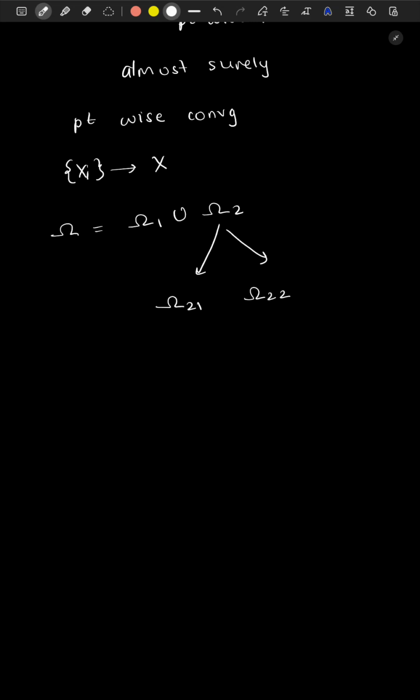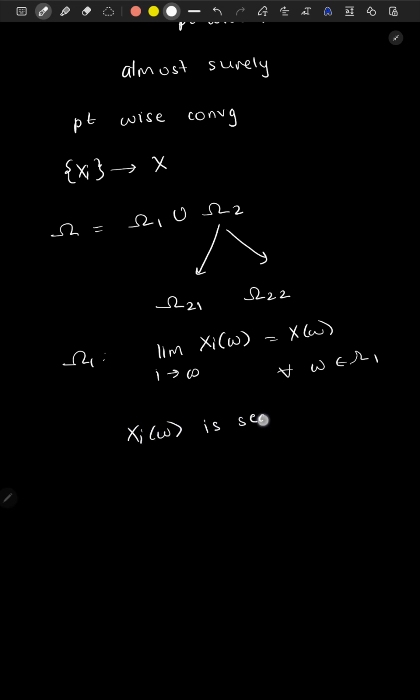Just to recall, omega 1 is where the limit of x_i(omega) equals x(omega) as i tends to infinity, for all omega in omega 1. If you fix omega, this essentially becomes a sequence, x_i(omega), indexed by i, and it says that its limit is x(omega).